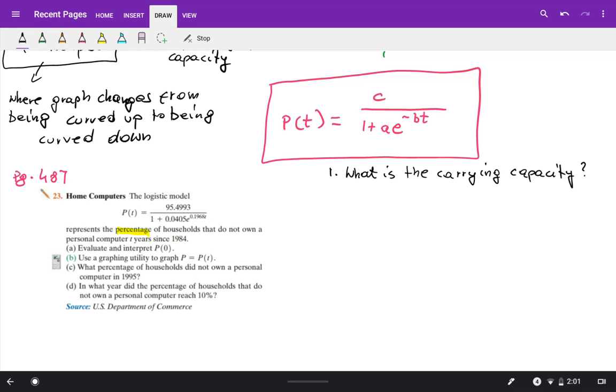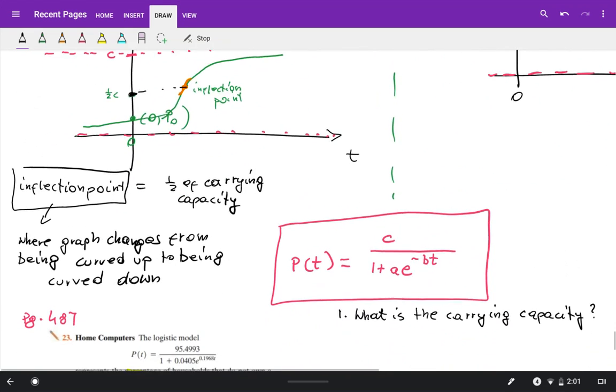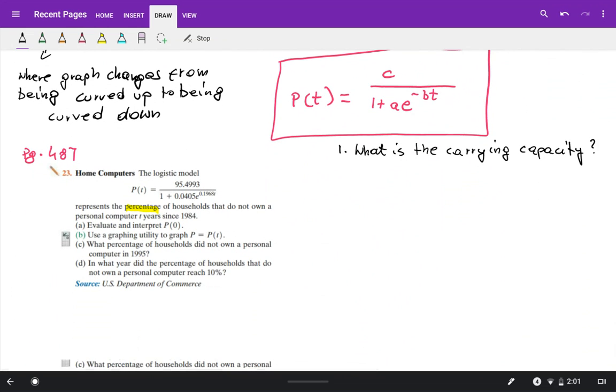Don't forget that the carrying capacity is C, the number you see on the top, which is 95.4993. That's our carrying capacity.